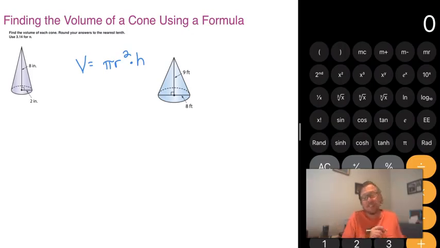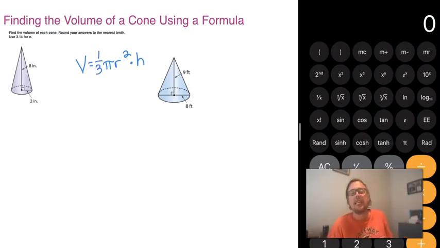So far the formula looks exactly the same as that of a cylinder. There's going to be a difference, obviously, because a cone tapers up to that point at the top and a cylinder does not. And the way we account for that tapering up at the top is that once we have this pi r squared times h, just like a cylinder, we multiply the entire thing by 1/3.